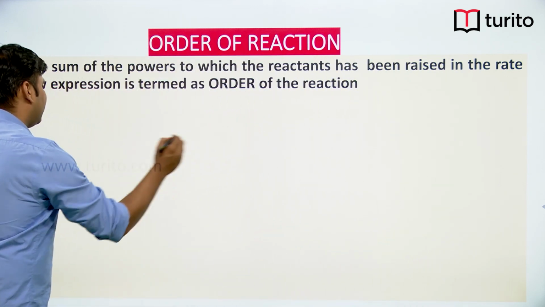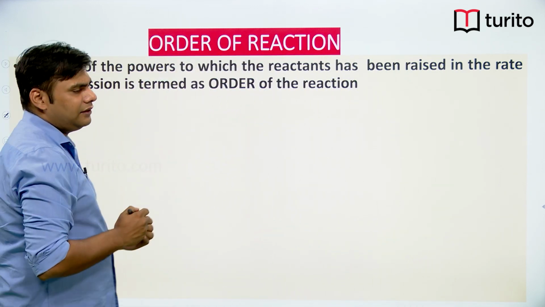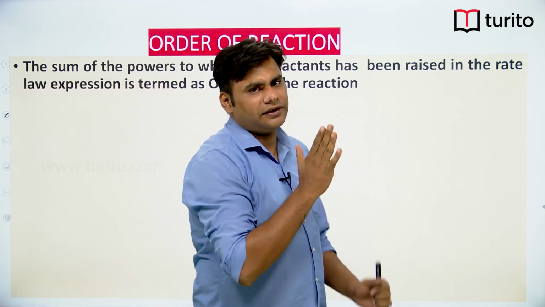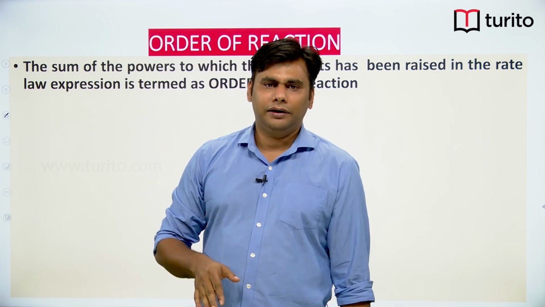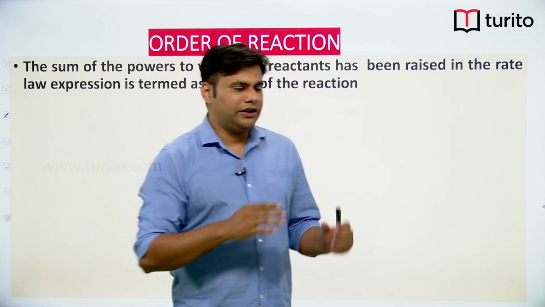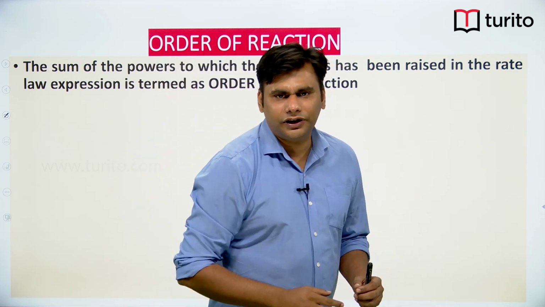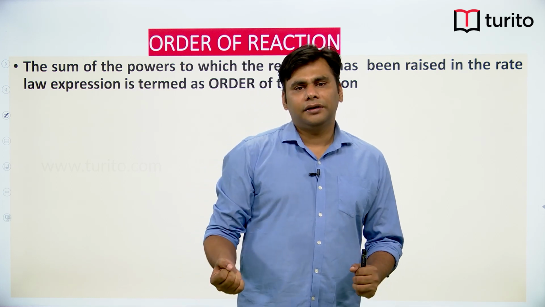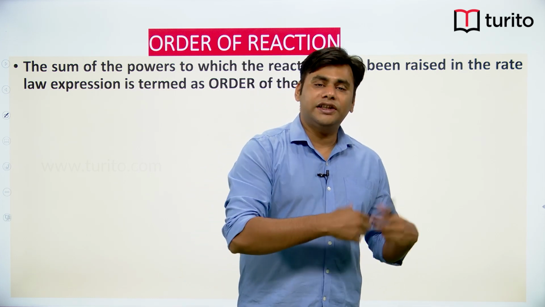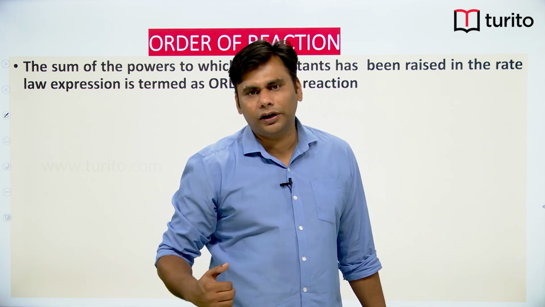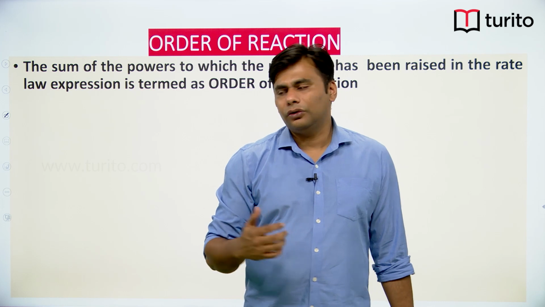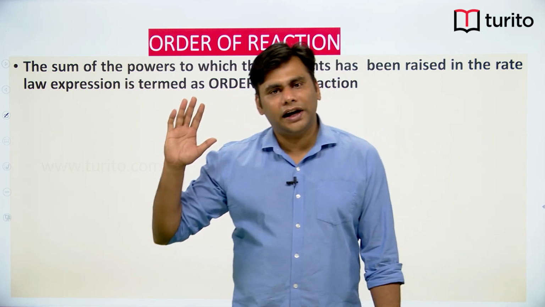Suppose we have taken a reaction. Suppose we have started a reaction A changing into B. We don't know what is the order with respect to A. So what we do is we start with say a 10 molar concentration and we measure the rate. Then we change the concentration of the reactant to say 20 molar, and we record the rate of the reaction.